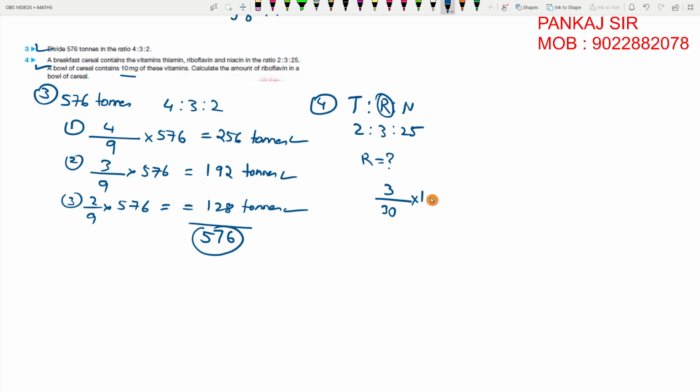The answer will be 10 times 3 over 30, the 3s will be cut, and you'll get 1 milligram. So you'll have 1 milligram of riboflavin in 10 milligram of the breakfast cereal.